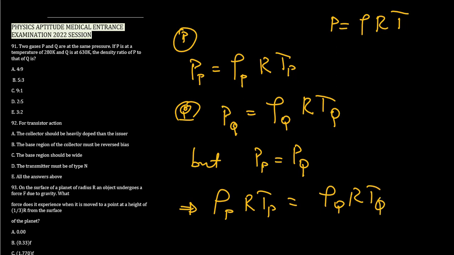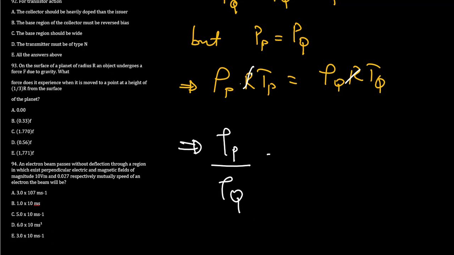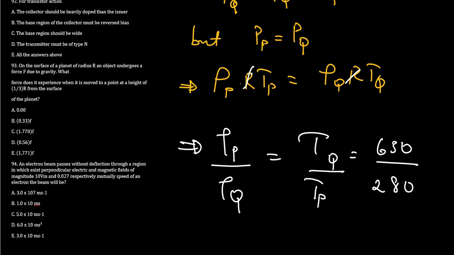So doing some little cancellations, R will cancel out with R, since R is the molar gas constant. And so we get the density of P to that of Q to be equal to T_Q over T_P. So T_Q is 630 divided by T_P, which is 280. So the zero simplifies, and 7 cancels 63 9 times, and 7 cancels 28 4 times.